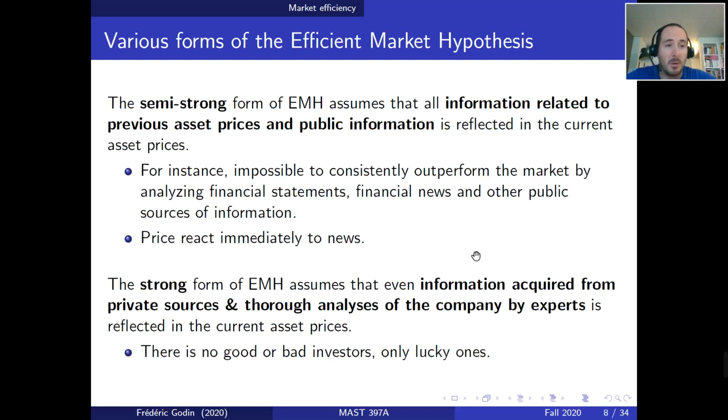If you believe in the last form of the hypothesis, it would be impossible to find any source of information relevant to beat the market, because if such a source existed, somebody somewhere would already have analyzed it and profited from it if there were mispricing, so that the market already reflects all private sources of information.